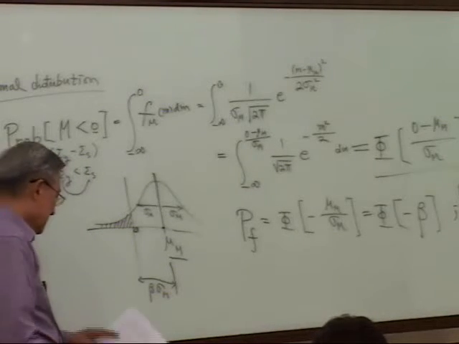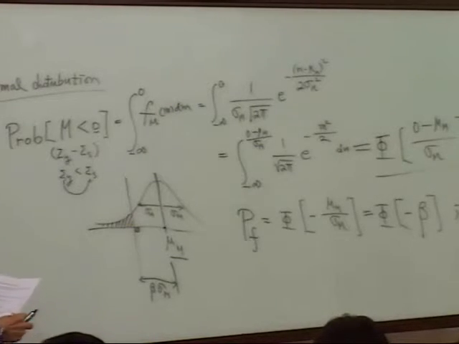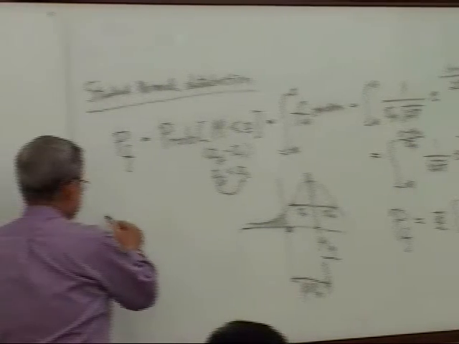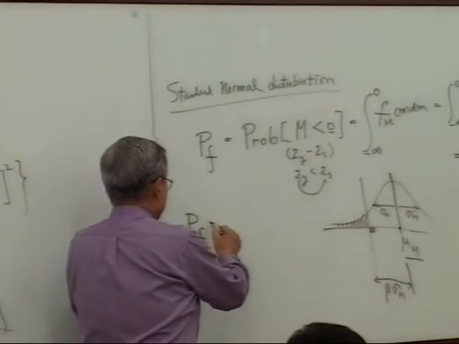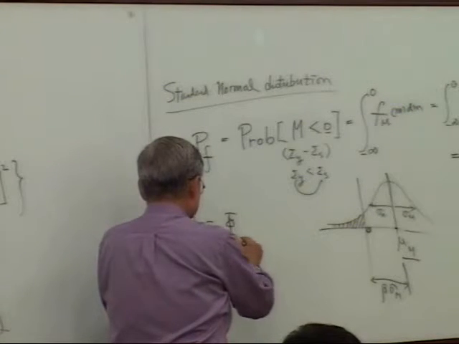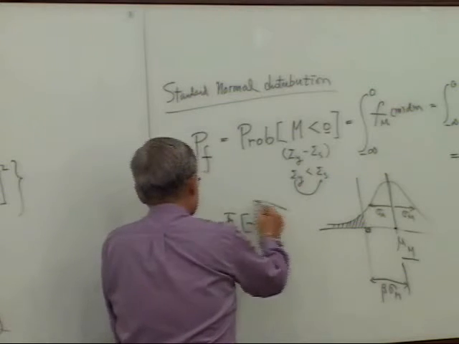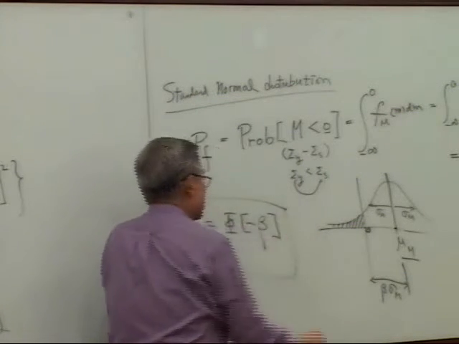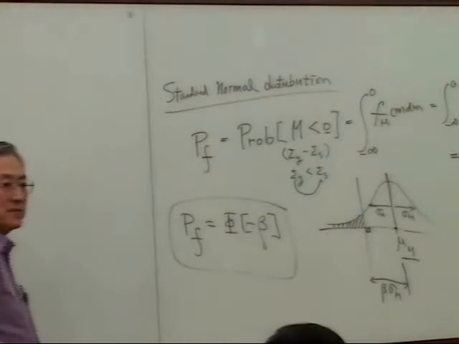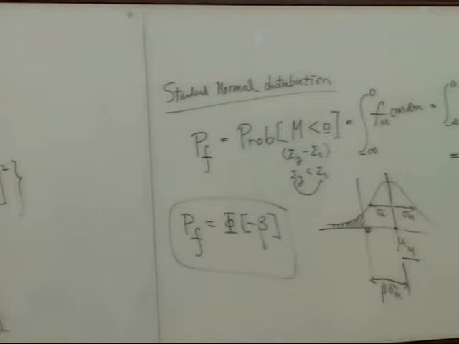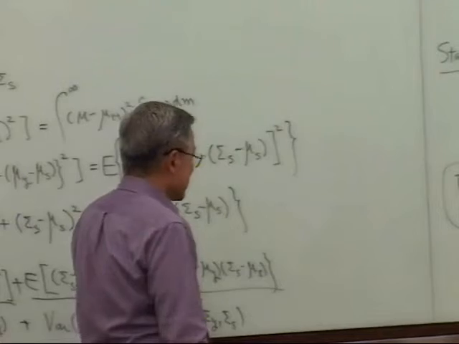How good that is. So if I finally rewrite everything, it is phi of minus beta. That's the end of it. A very nice expression in terms of the standard normal function.